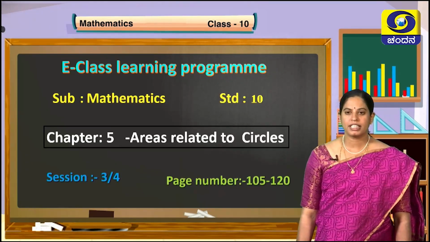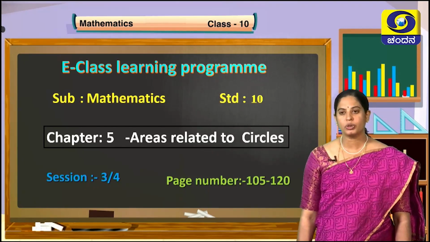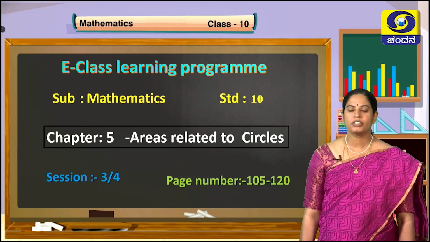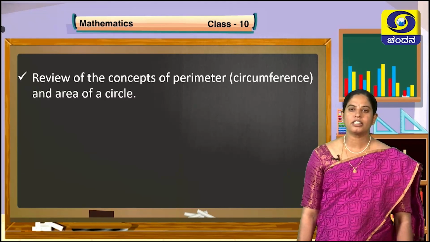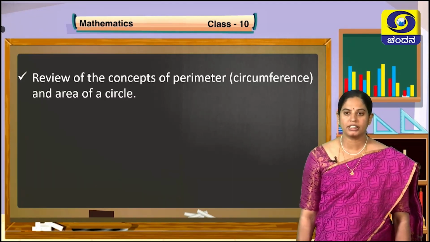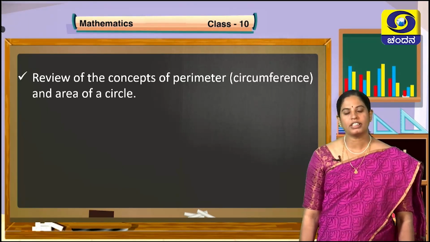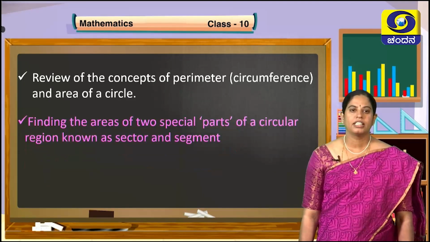You know, this chapter is available in your textbook on pages 105 to 120. Children, let us recall the concepts that we have learnt in the last two sessions. In the first session, we recalled the concepts of perimeter and area of a circle.